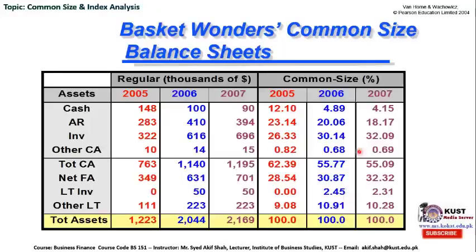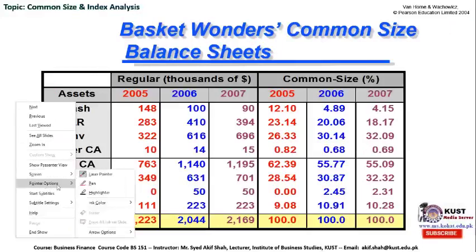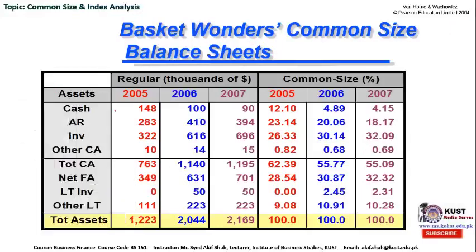Let us take an example of Basket Wonders to make common size analysis for balance sheets. Dear students, we have 3 years of data pertaining to the Basket Wonders balance sheet, which belongs to 2005, 2006 and 2007.